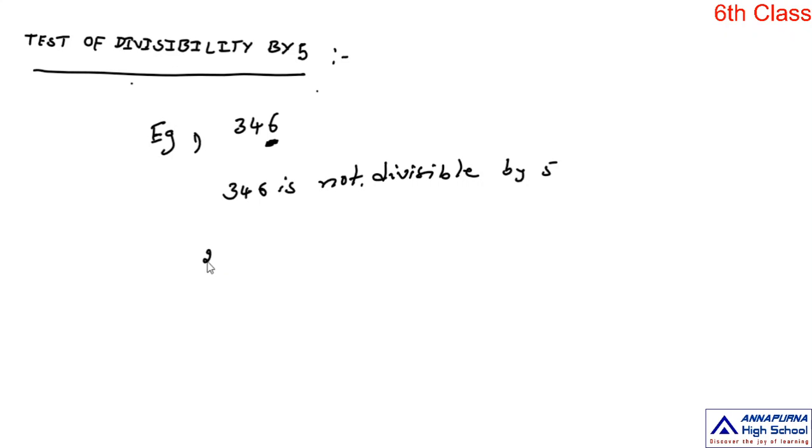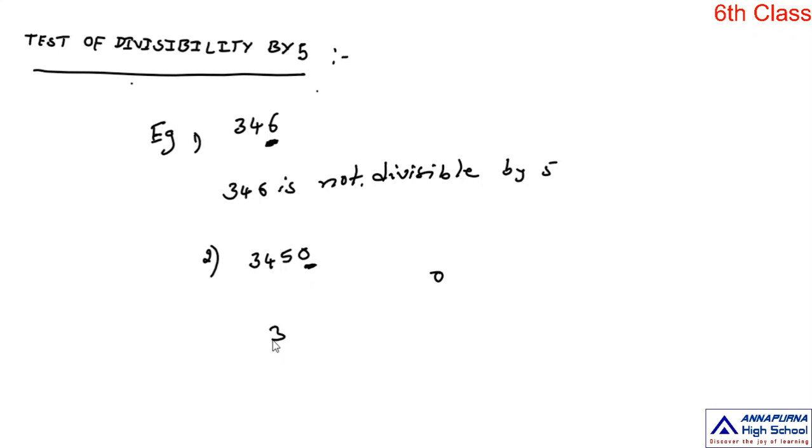Here we take another number, 3450. In this number, the units place is 0. What is the units place in this number? 0.